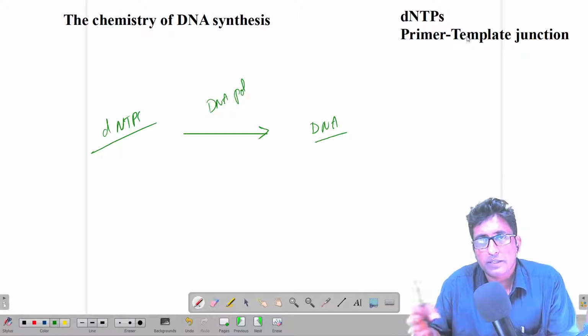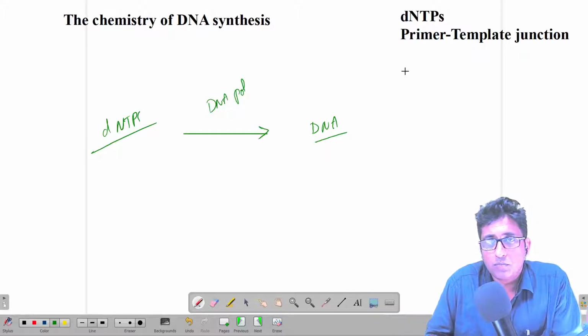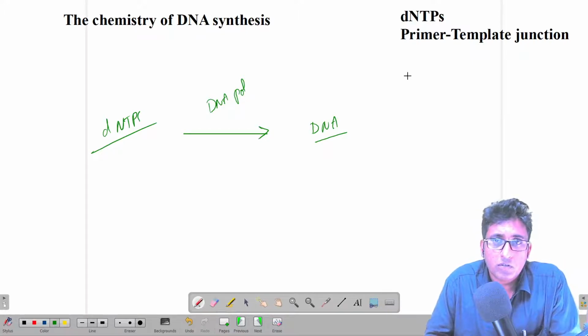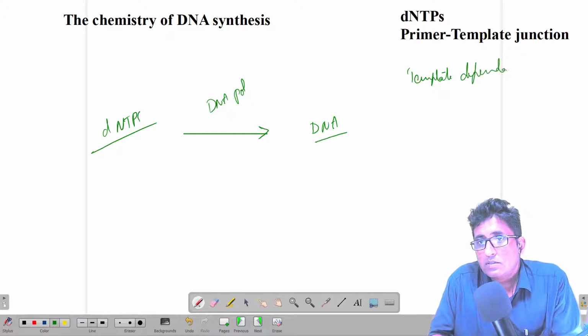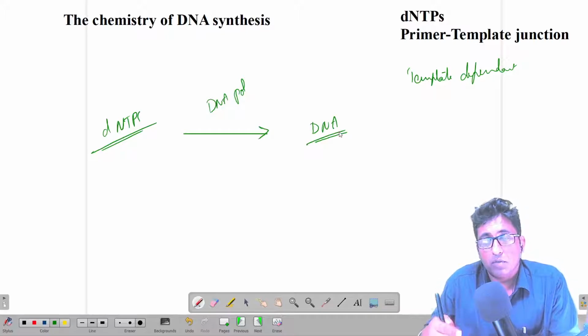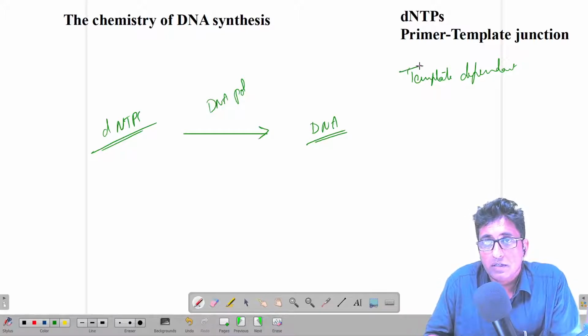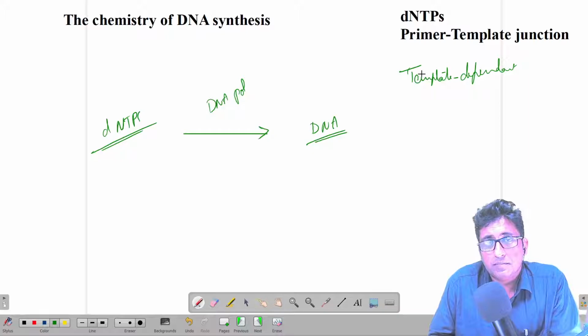The sequence should be read properly, and that is where the majority of the polymerases, including DNA polymerases, RNA polymerases and also the ribosome, all read a sequence from a template. They are all template dependent, because it's not just polymerizing dNTPs to DNA, it is also putting them in proper order.